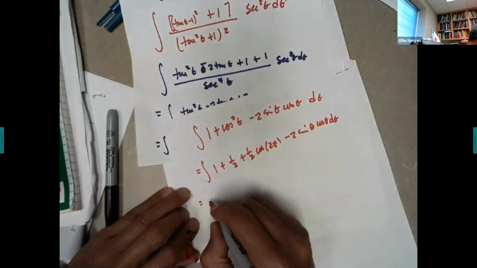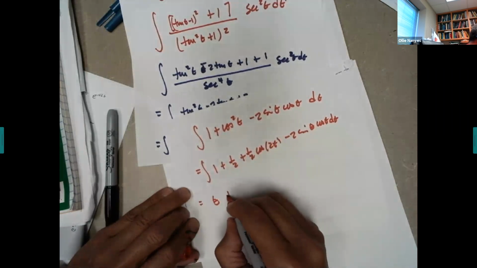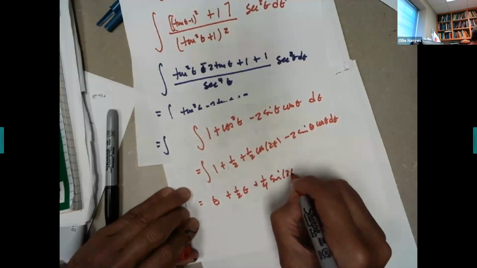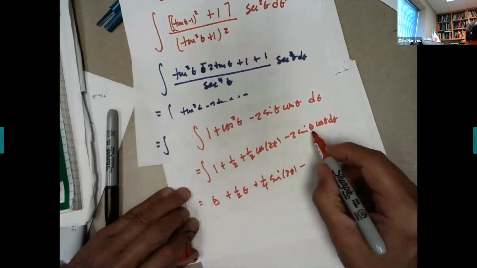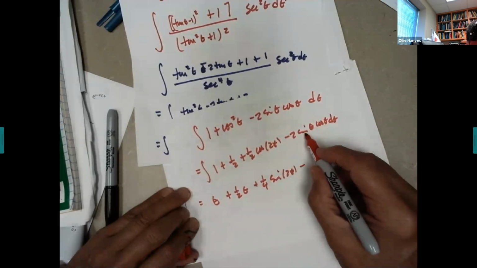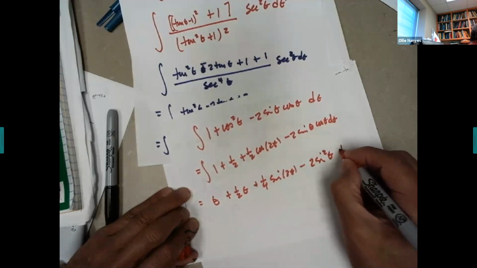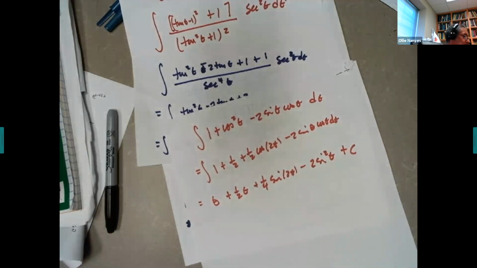This integrates to theta plus 1/2 theta plus 1/4 sine 2 theta minus, well, this is just a u substitution with u equals sine. But remember what all this was.